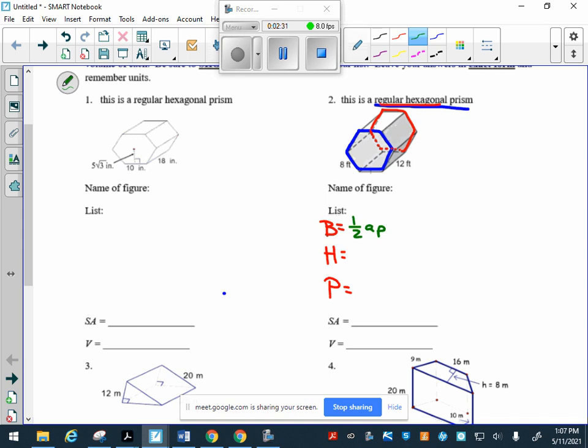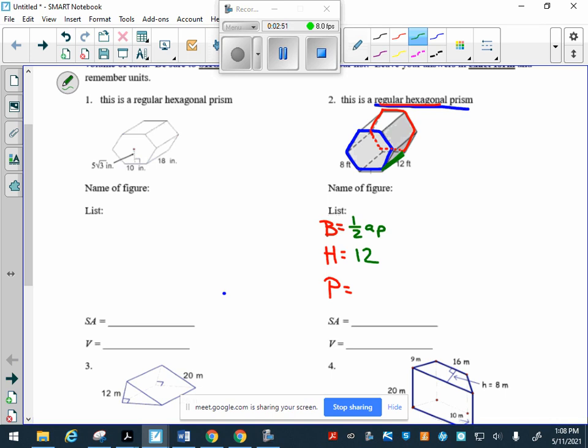All right? So you have to keep straight those new definitions. So height in this particular problem on this diagram is what? What's the height? 12. 12 is the distance between those two hexagons.